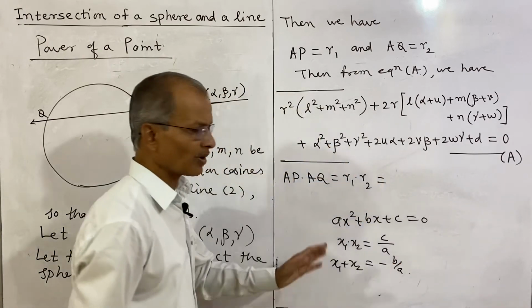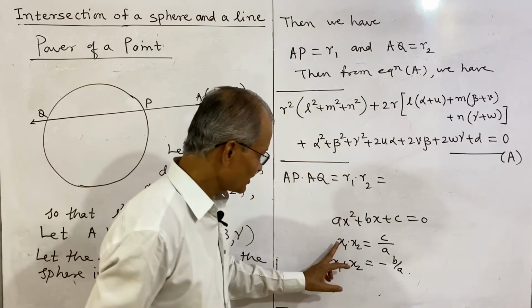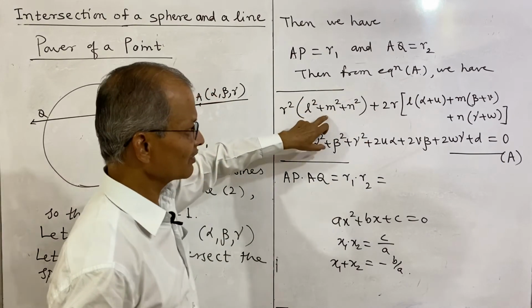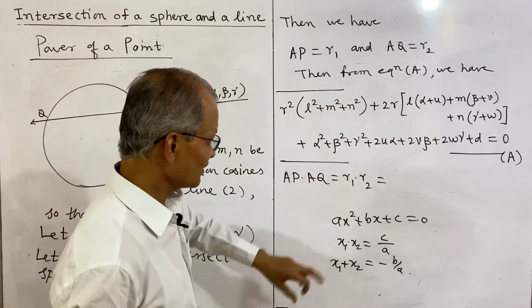So this is the result from the quadratic equation, and instead of x1 x2 here it is R1 R2, because this is the quadratic equation in R, and that is equal to C upon A.